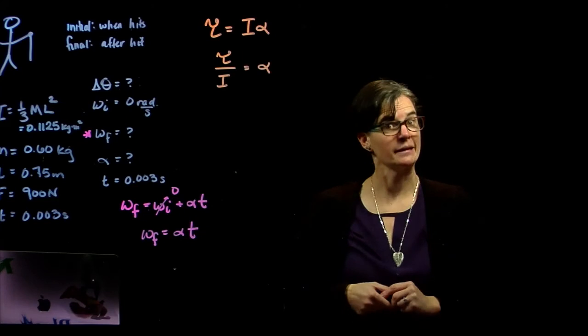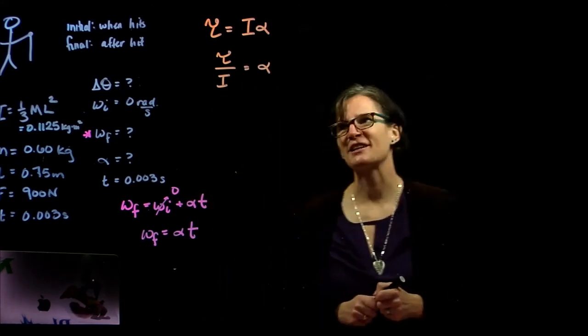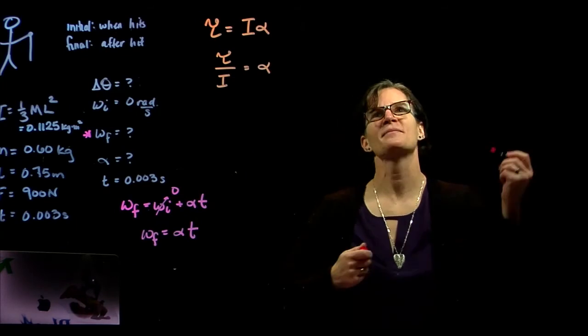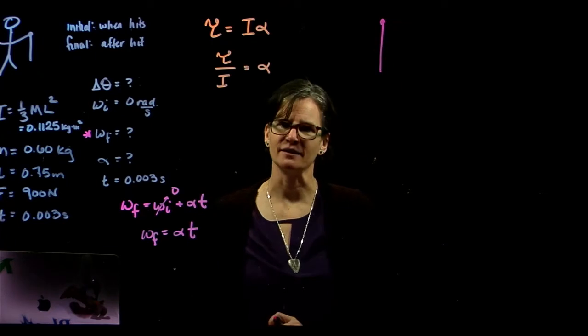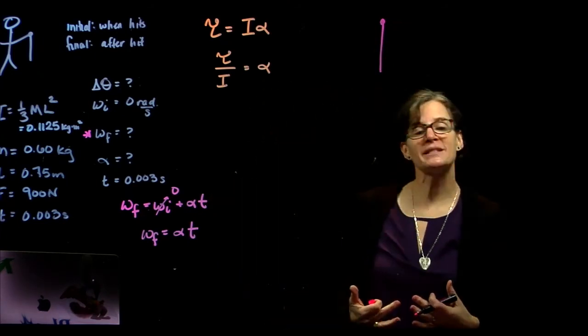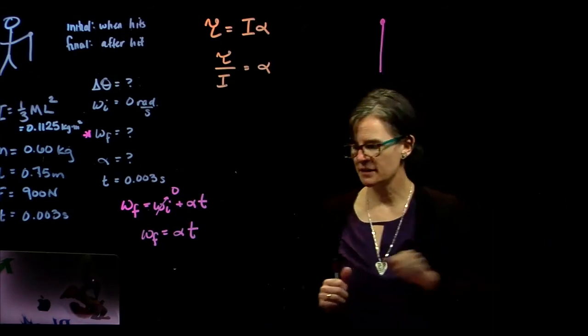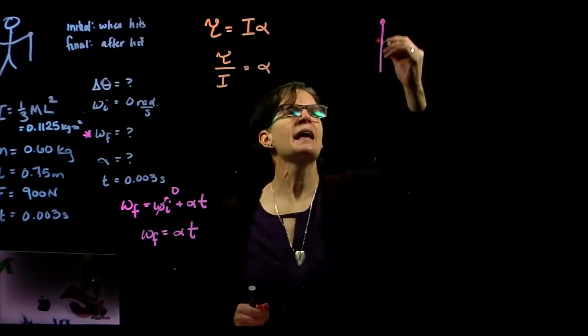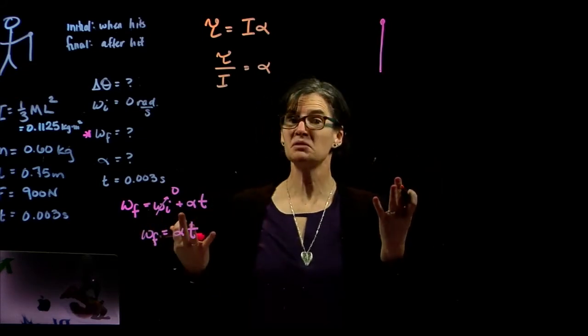All right, well, when we need a torque, we do a torque analysis. So let's look at this object in an extended free body diagram to do a torque analysis. So there's my baton. What forces are acting on that baton, and where are they acting? Well, we know that the hand holding the baton is exerting a force, and by practice, I don't know what that force is. I can make some pretty good guesses.